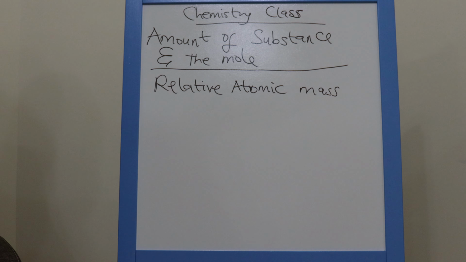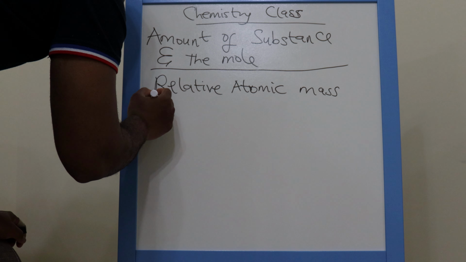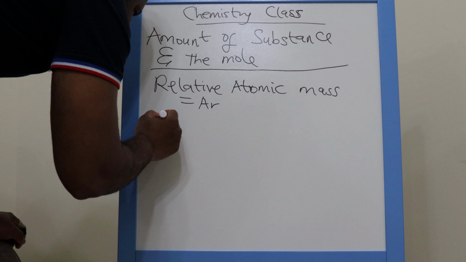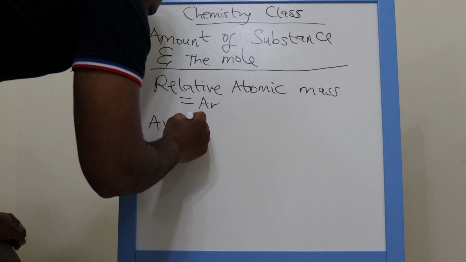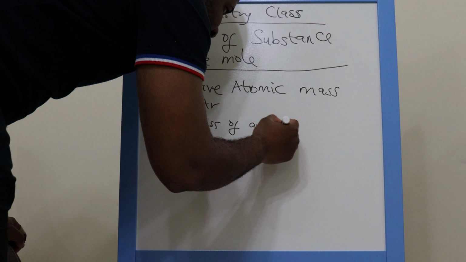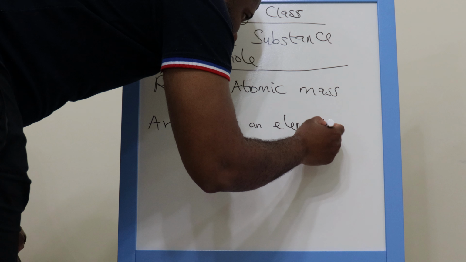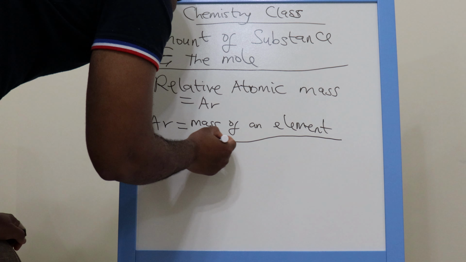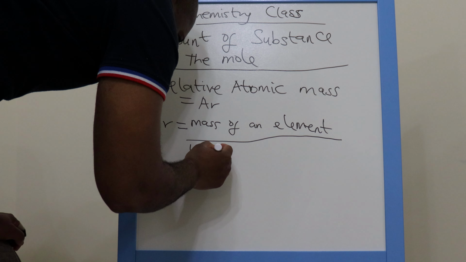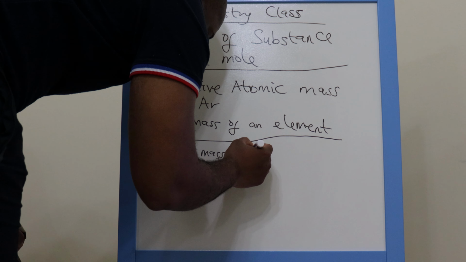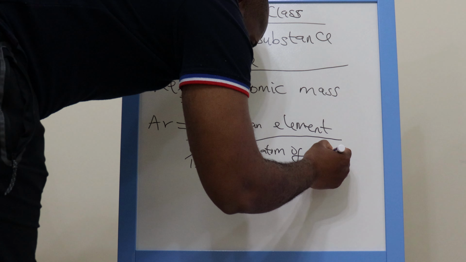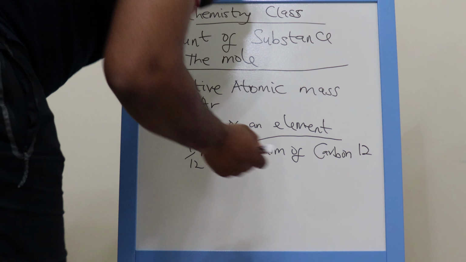Its symbol is AR, and AR is equal to the mass of an element compared to 1/12 the mass of one atom of carbon-12.